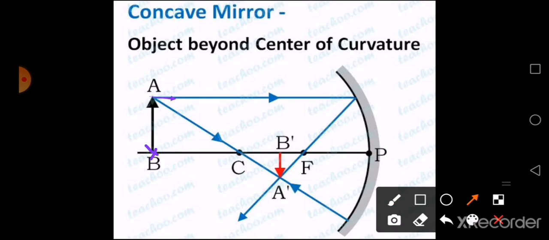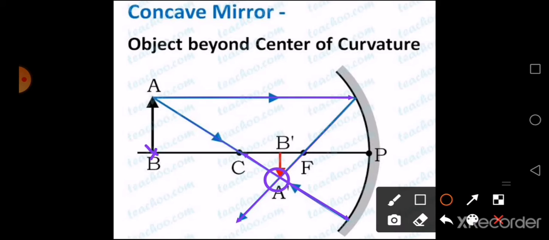One ray of light will be considered parallel, and after reflection it will pass through the principal focus. The next ray possible is passing through the center of curvature. A ray of light passing through the center of curvature will reflect back in the same path.